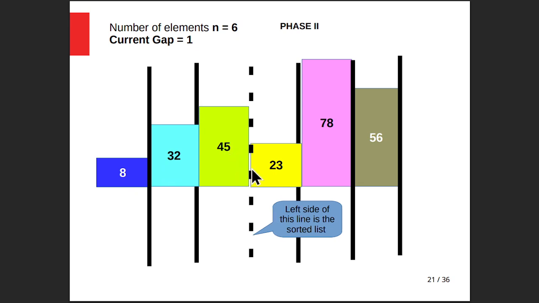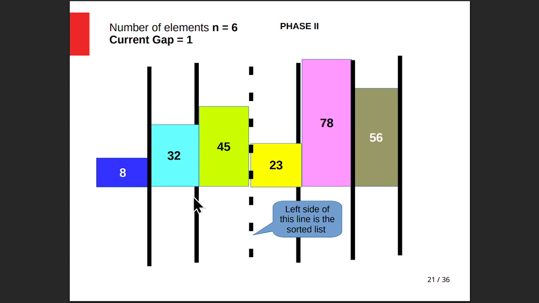But now when we look at 23, 23 should be in between 8 and 32. So what we do is we move 45 ahead by 1 position, and 32 by one position, and then we insert 23 between 8 and 32.